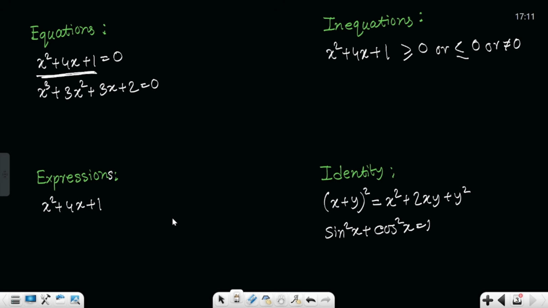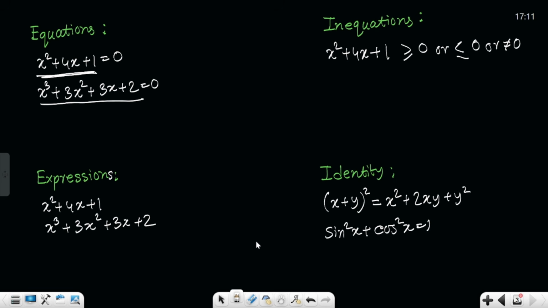This is not an equation, not an inequation, not any identity. This is simply an expression. Or if we write this as an expression, this will be x cubed plus 3x squared plus 3x plus 2. This is an expression. So I hope this will clear your concepts about these all four terms. Do not be confused in any terms.